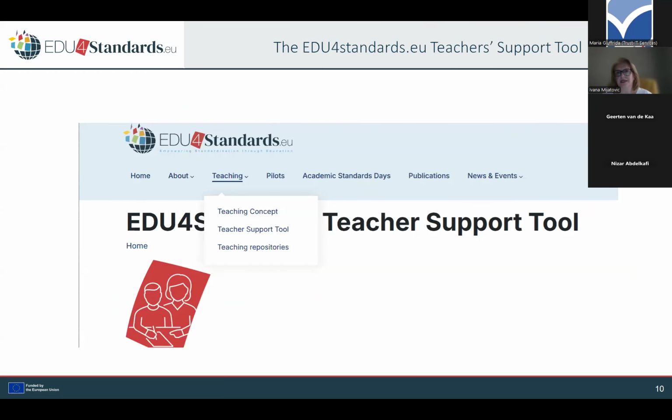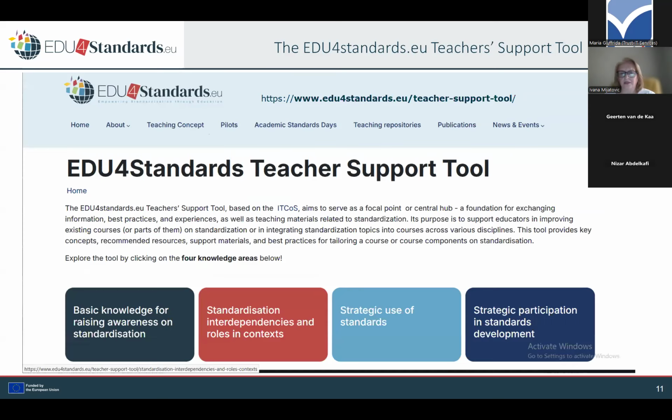In practice, the EDU4Standards teacher support tool is a web-based tool. You can reach it by our website by clicking teaching and after that teacher support tool. The teacher support tool is practically all that I already explained.